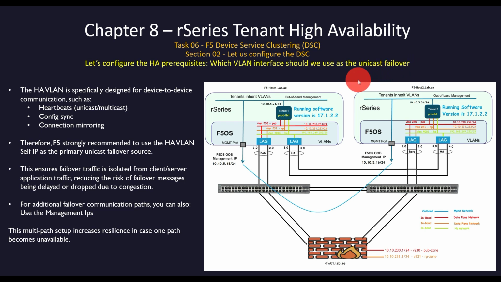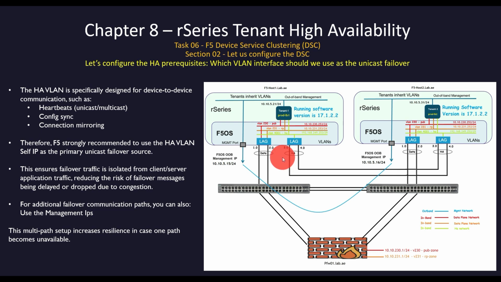Great question. The HA VLAN is specifically designed for device-to-device communication, such as heartbeats, which are unicast and multicast, and configuration and connection mirroring. Therefore, F5 strongly recommends using the HA VLAN self IP as the primary unicast failover source. This ensures failover traffic is isolated from client-server application traffic, reducing the risk of failover messages being delayed or dropped due to congestion.